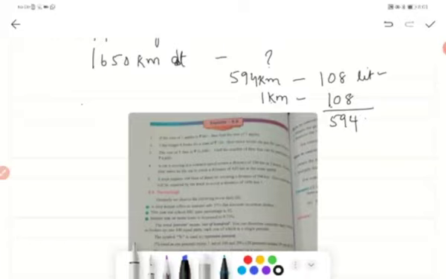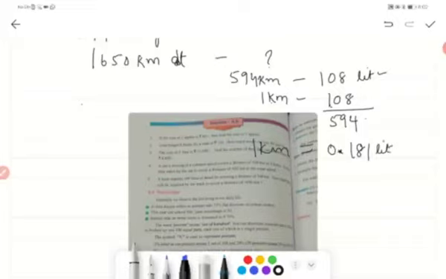So 108 by 594, if you do the calculation simplification, I will get this as 0.181.